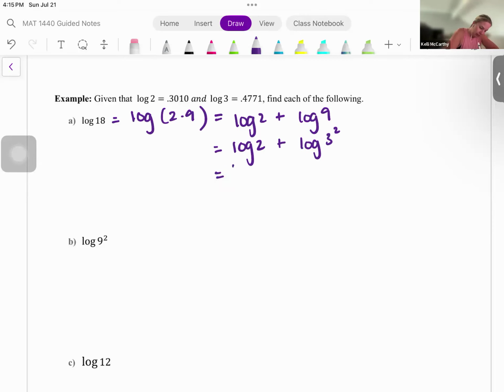So this is equal to log of 2 plus 2 log of 3. And now I can substitute in the given values for log of 2 and log of 3 to evaluate this. 0.3010 plus 2 times 0.4771. And this gives me 1.2552.